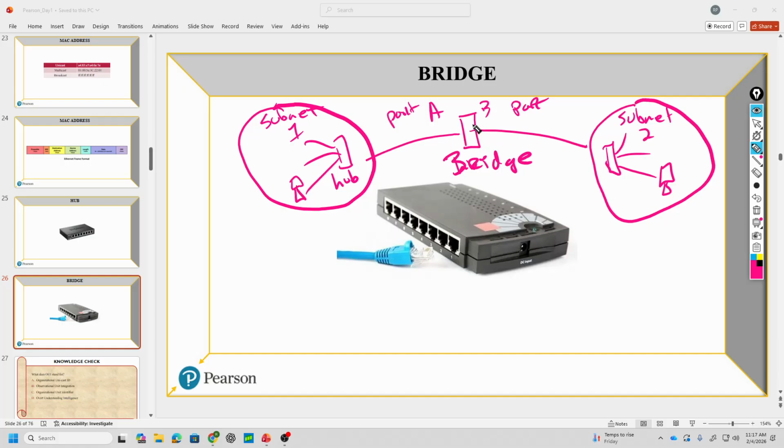So what this bridge did is it introduced a thing called a MAC address table.